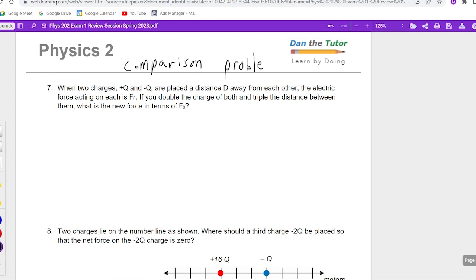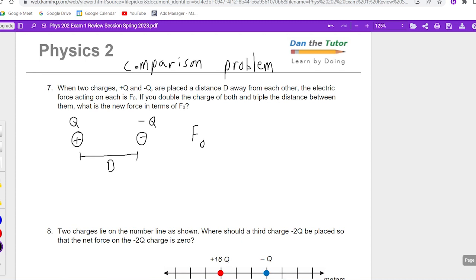And whenever you have a comparison problem, here's the strategy. The first thing I'm going to do is think of the original scenario. I'm going to think of the two charges, plus Q and minus Q, separated a distance d apart from each other. I can even draw that if I wanted to. Here's Q, here's negative Q, they're separated distance d, and they're saying the force there is F naught.